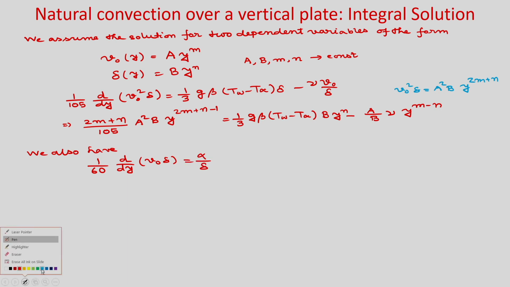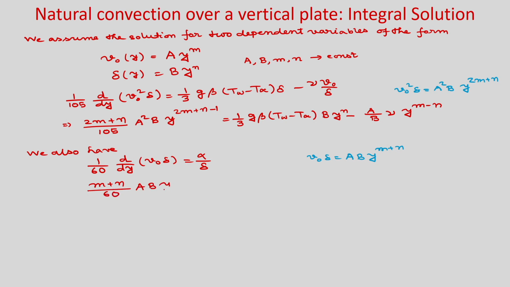So, if you see v naught into delta will be a b y to the power m plus n. So, you can take the derivative with respect to y. So, you will get (m plus n) divided by 60 a b y to the power m plus n minus 1 is equal to alpha by b y to the power minus n.